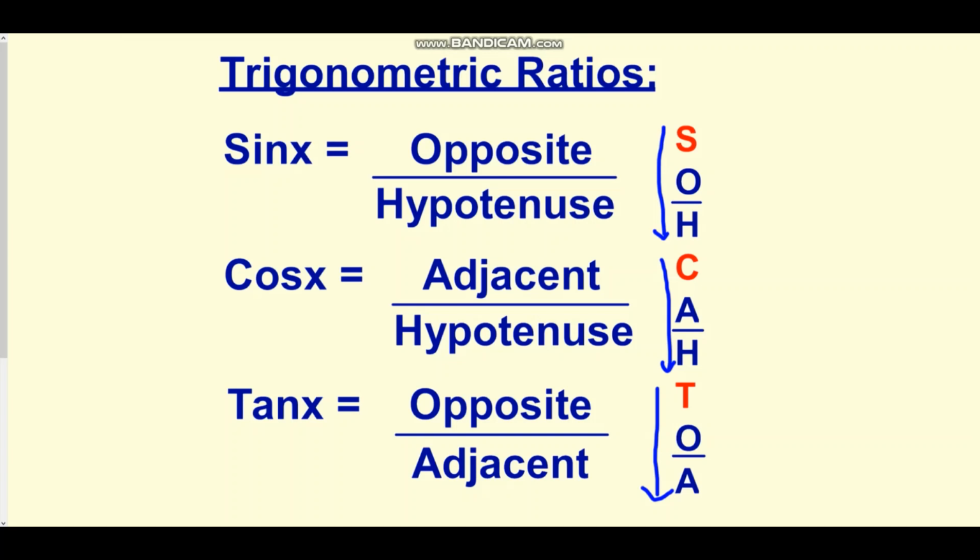SOHCAHTOA. There's lots of different ways to remember SOHCAHTOA. Either you can just memorize it because it is a strange sounding word. You can create a mnemonic, so something like some old horse caught another horse taking oats away, or some old Harry caught an aging Hagrid taking on Azkaban, or the one my teenager pupils tend to like the most is some old hippie caught another hippie tripping on acid.